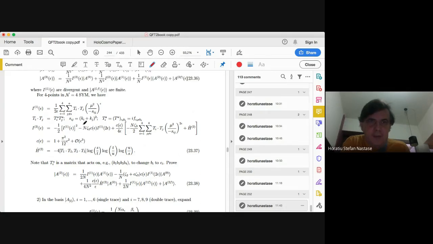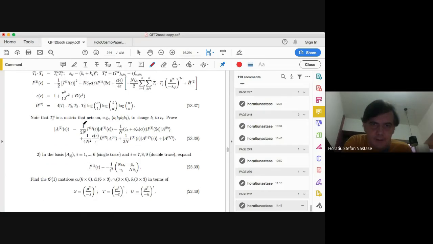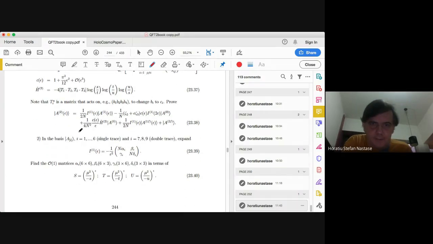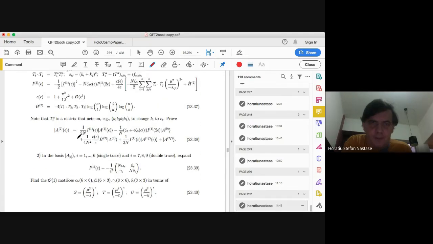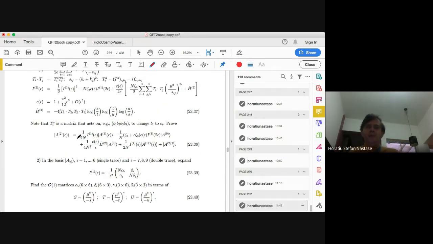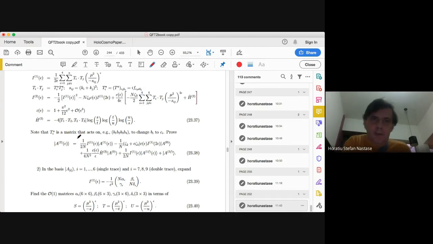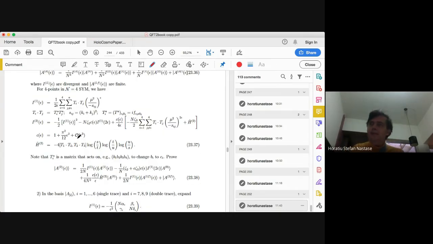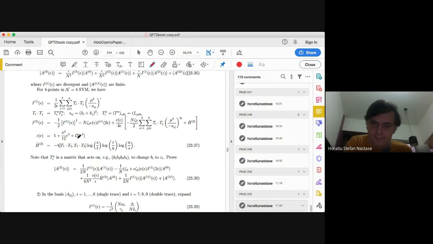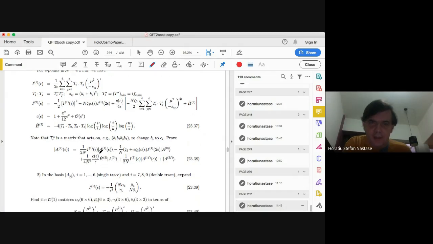So what we're doing is we're expanding the field in terms of a basis, but the coefficients themselves depend on epsilon.